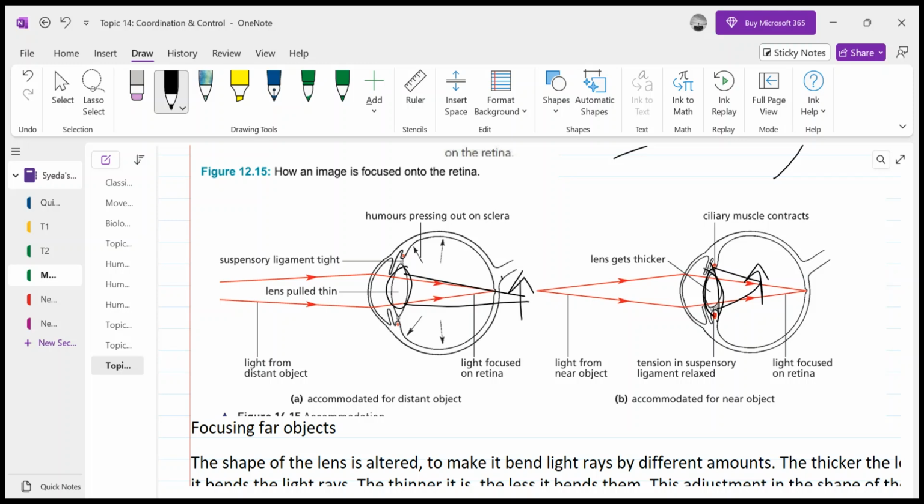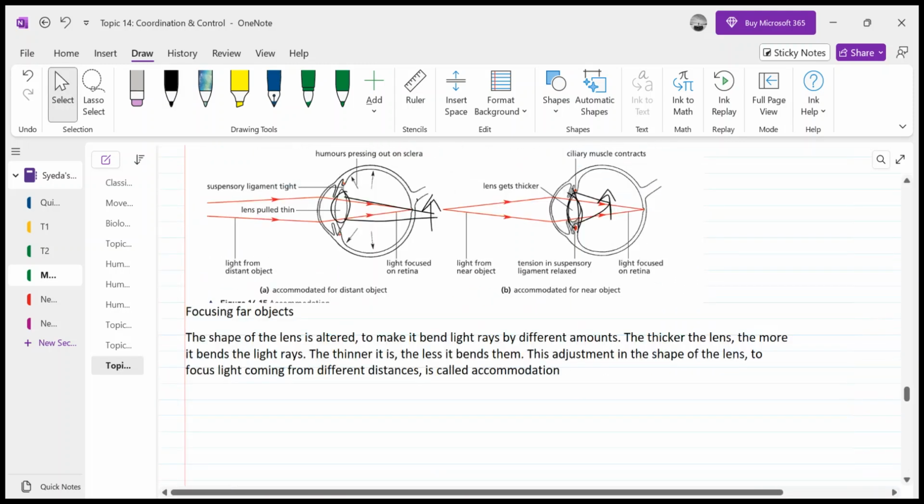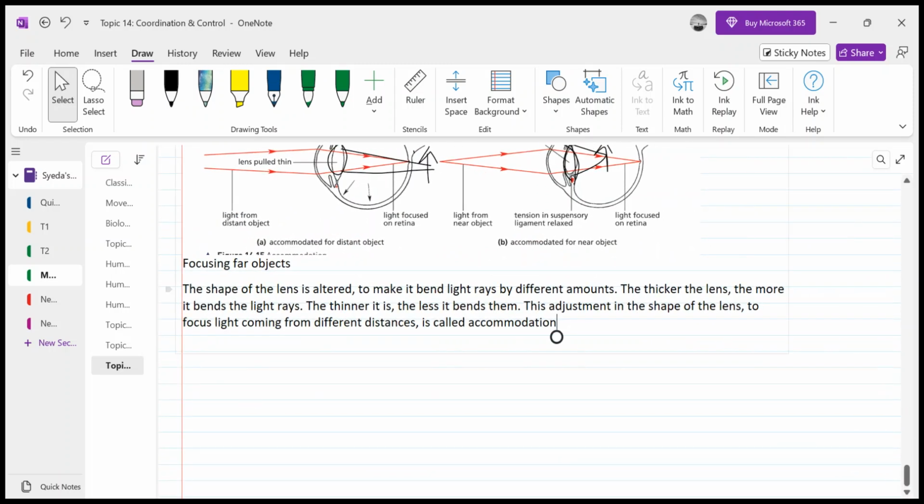I can understand you might feel this a little bit tricky, but this is what you need to understand, and this is actually called lens accommodation. From a distant object, less focusing is required. And whenever we require less focusing, it means the lens shape should be elongated, right?